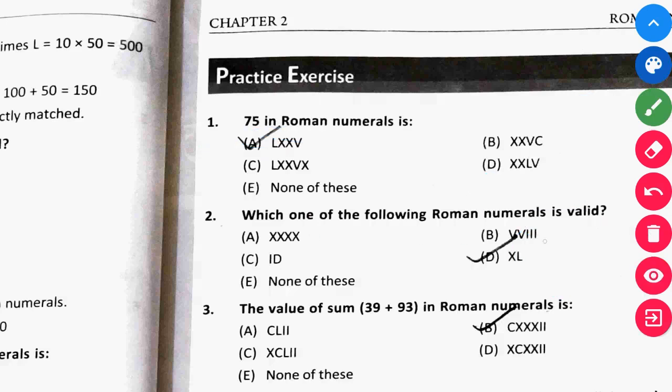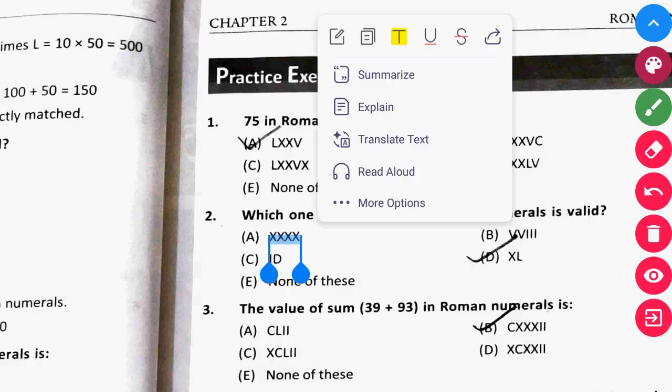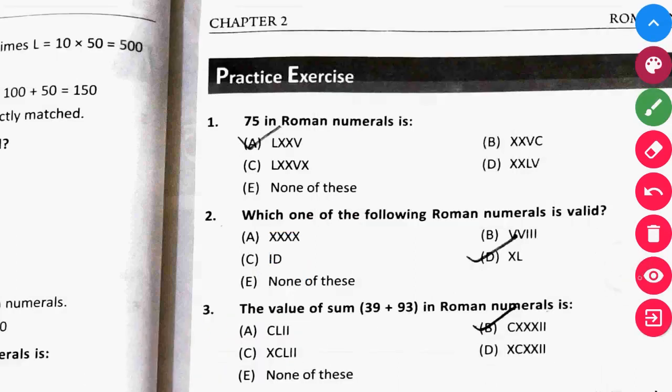Which one of the following numerals is a valid one? Now you just check. 4 times X can be written, which is 40, so it is a valid number. V cannot be repeated as we said, so it is invalid. Now ID.